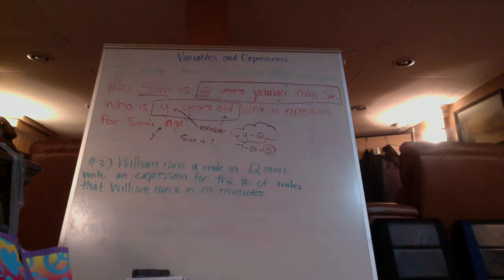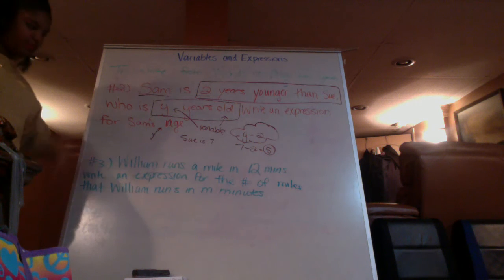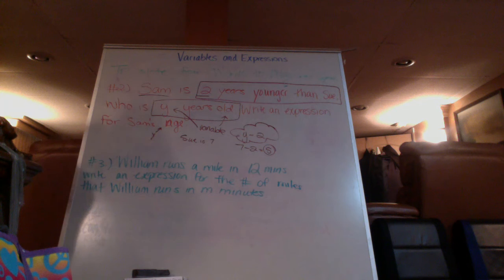Moving on. We have number 3, right here in the blue. I'll leave time for questions too. William runs a mile in 12 minutes. Write an expression for the number of miles that William runs in M minutes. So, you know what we got to do? Mark it up.